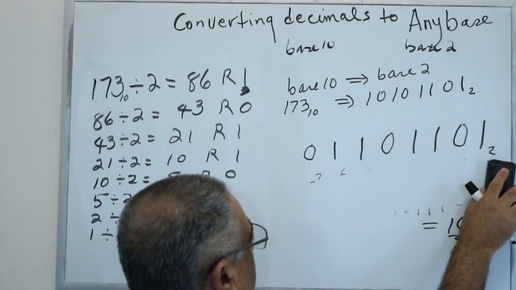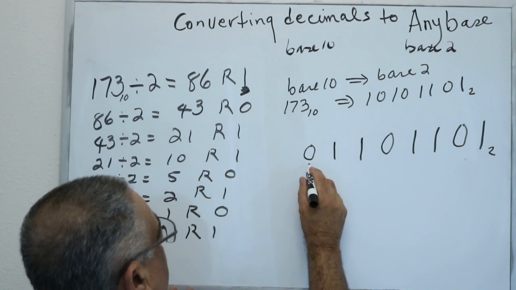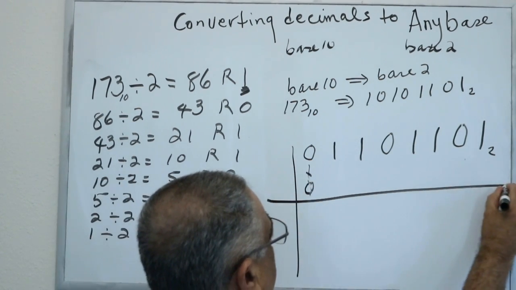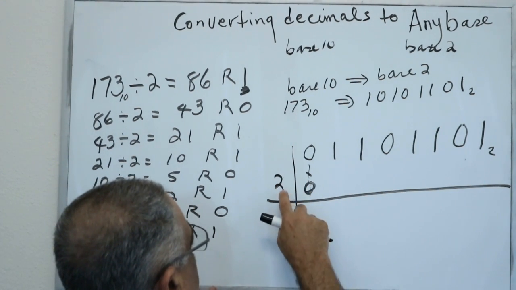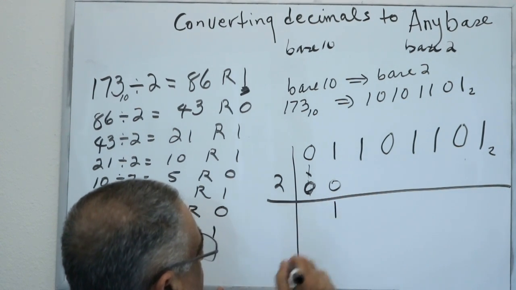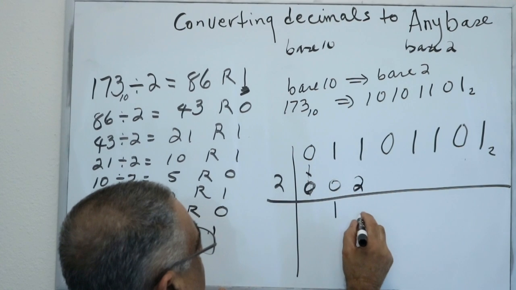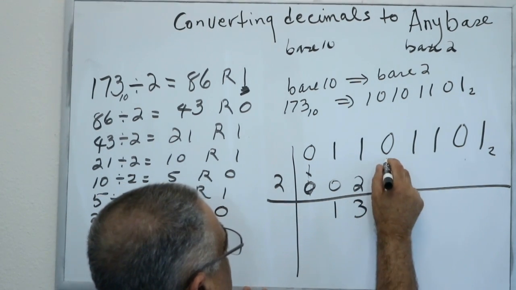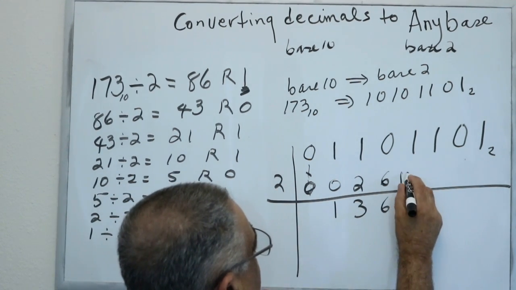Now I can go back to Horner's. If I apply Horner's algorithm to this, bring the 0 down. Now remember, this number is in base 2, so keep your 2 there. 2 times 0 is 0. Plus 1 is 1. 2 times 1 is 2. 2 plus 1 is 3. 2 times 3 is 6. 6 plus 0 is 6. 2 times 6 is 12.